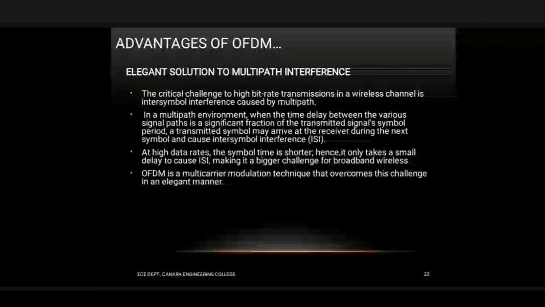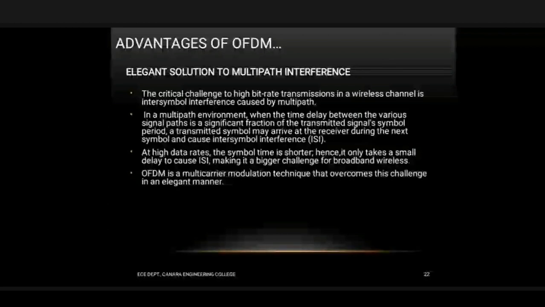At high data rates, the symbol time is shorter, hence it only takes a small delay to cause ISI, making it a bigger challenge for broadband wireless signals. So even if there is a small delay in the multipath component, it will cause a lot of trouble.